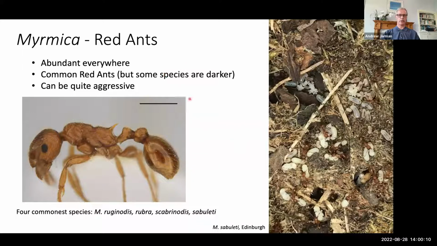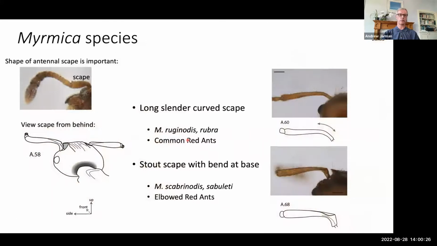So within Myrmica, there are a lot of species. The commonest species are ruginodis, rubra, scabrinodis, and sabuleti. I'm not going to tell you within the scope of this talk how to distinguish those species completely, but just to point you to one of the most important characters used in the keys to look at Myrmica species in general. And that is the shape of the first segment of the antenna, which is known as the scape.